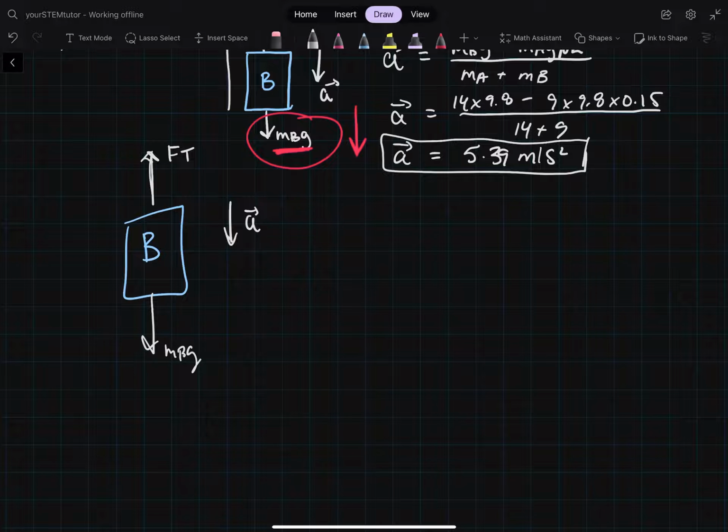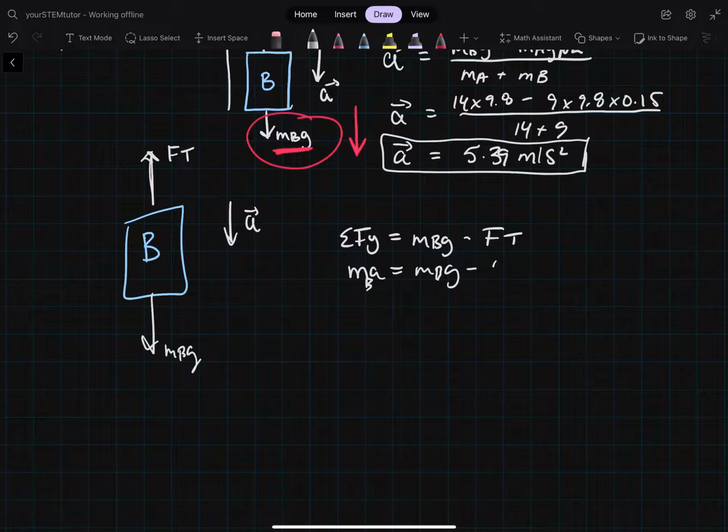So we know that the sum of forces in Y is going to be equal to MBG positive, so that's going with the acceleration, minus force tension. We know we're in movement, so it's going to be MBA equals MBG minus FT.